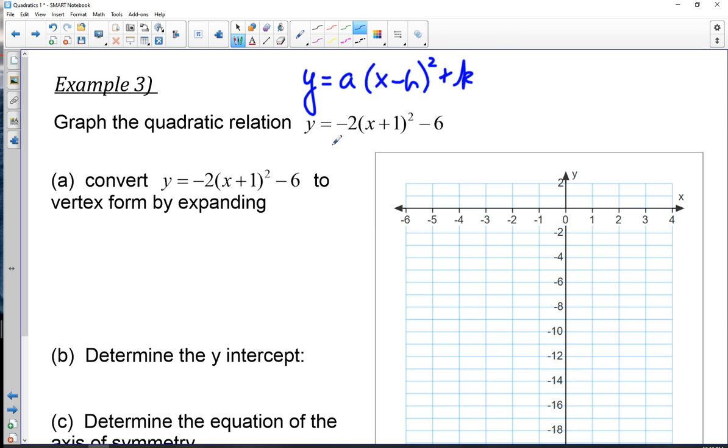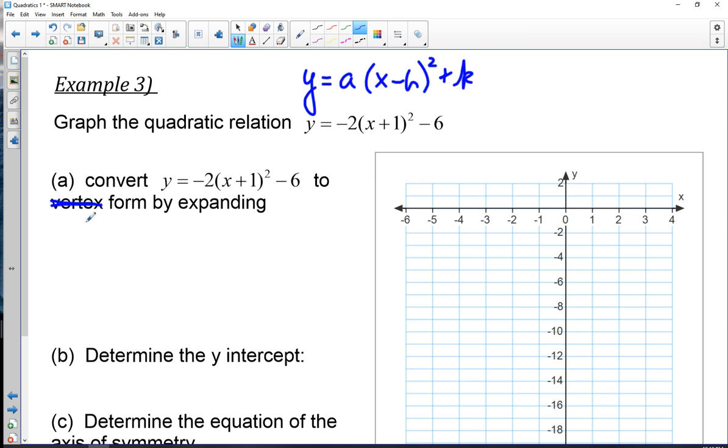So our a value is negative 2. Our h value is negative 1. I know it's plus 1 in the equation, but when we have an h value of negative 1, the negative 1 and this negative in the equation gives us a positive 1, and our k value is negative 6.